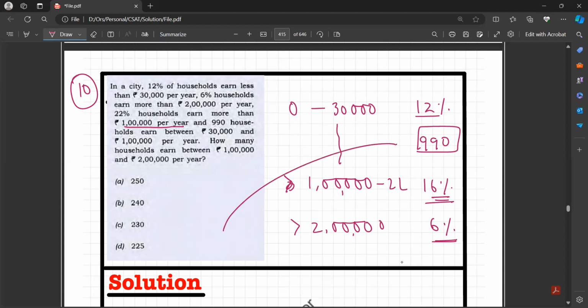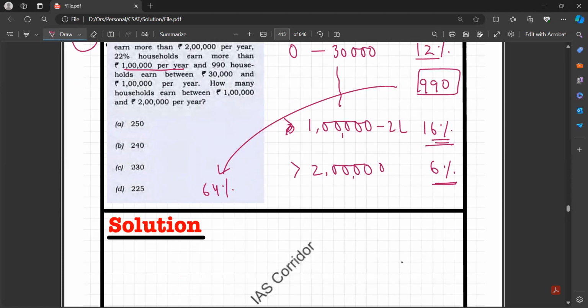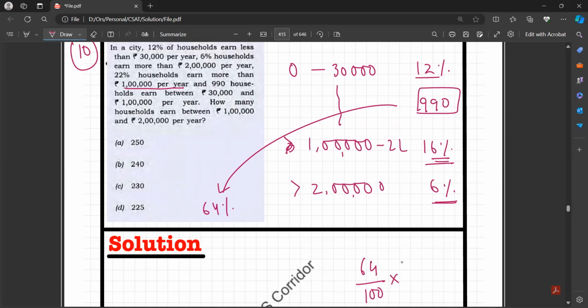So the remaining is 66%. So 66 percent will give you 990.